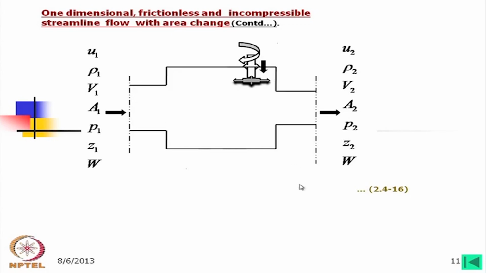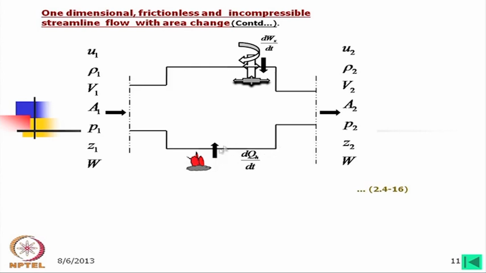Now, what we have done is added some external work, which is symbolized by this. Let us consider that a fan or impeller is being driven and energy is being added there. Also we are adding some heat, and this is the heat flow inside.